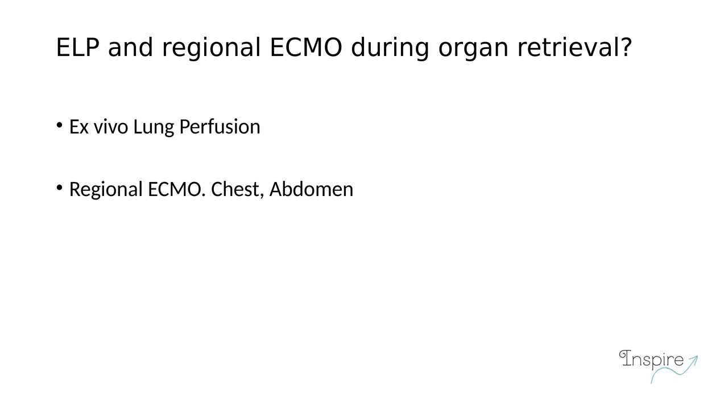And whenever there is either the potential for or there is indeed a low perfusion state, then oftentimes, if the center that is taking care of these patients offers it, they will place the lungs on ex vivo lung perfusion, or now the latest thing, the most recent thing that I've become aware of, regional ECMO, which can be done for organs in the chest or even organs in the abdomen.